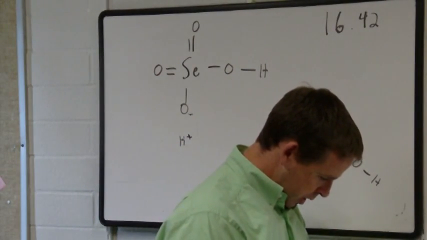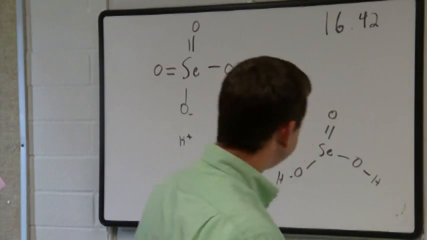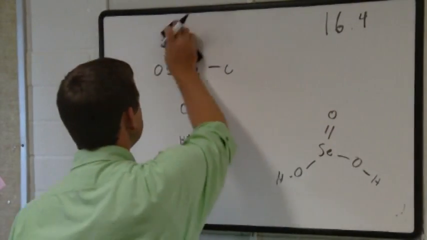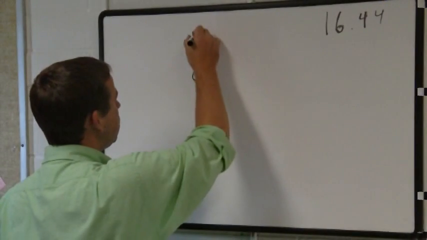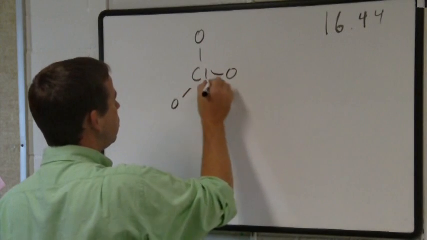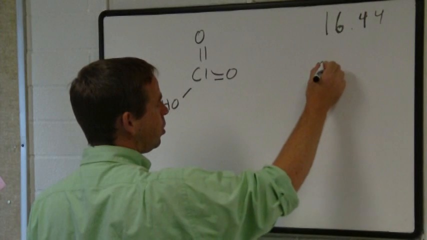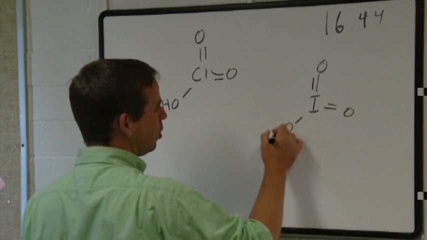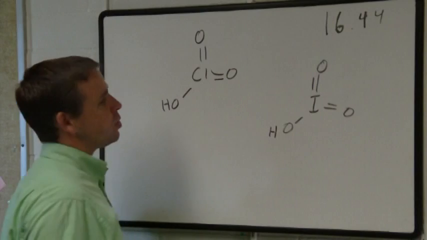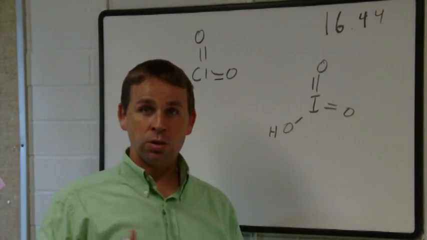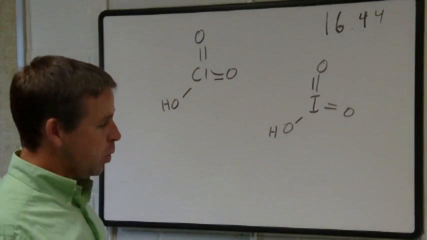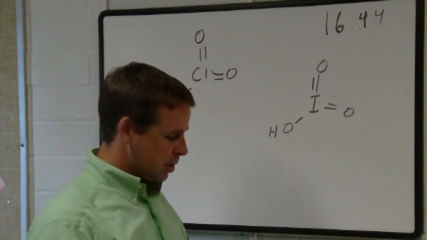Choose the stronger acid between HClO3 and HIO3. This is 1644. All right, so now we have the same number of oxygens on these 2 oxyacids, but which one is going to be able to stabilize the electrons better?